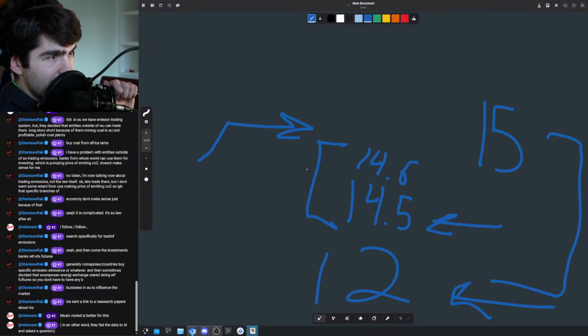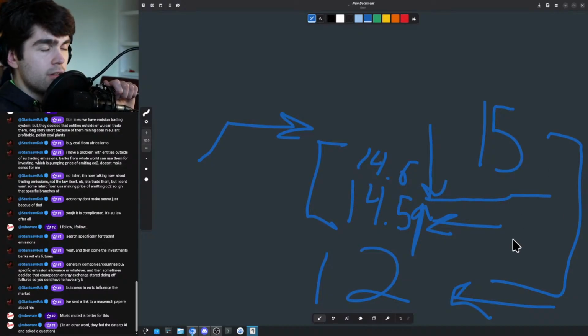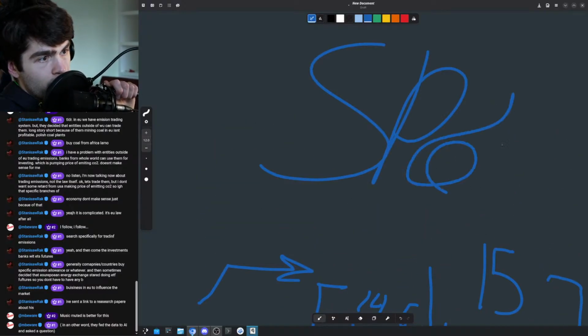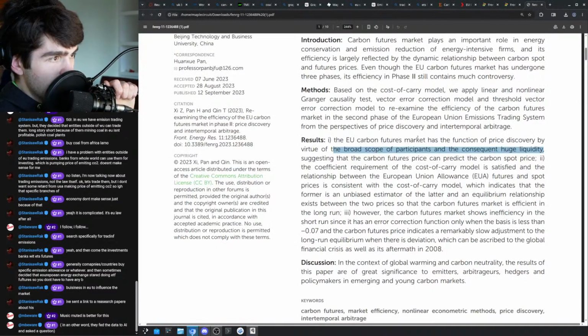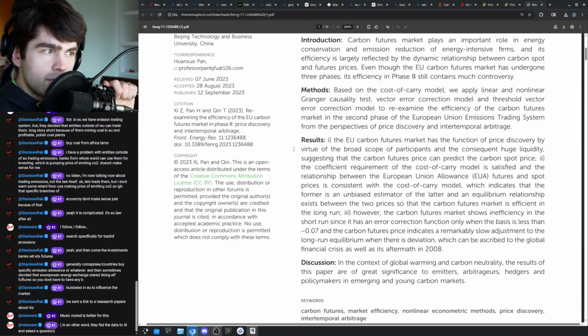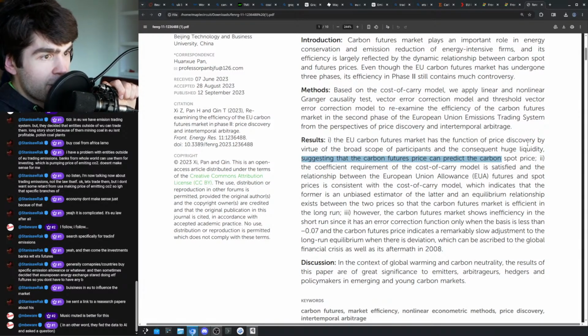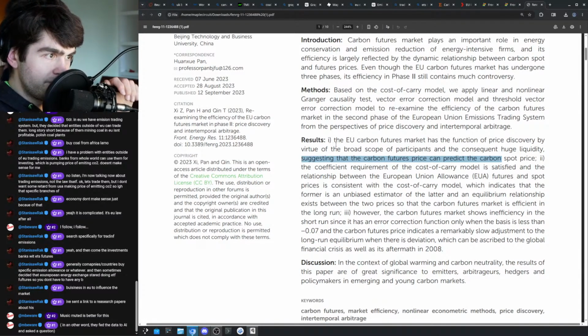We have a lot of liquidity, spread is close, and the precision on our future, if we were to use it as an index of what things will be, is better than using the spot price, which has fewer people playing in it. Suggesting that the carbon future price can predict the carbon spot price. All of that in the goal of predicting the price. That's how they make their money. That's what they want to do.